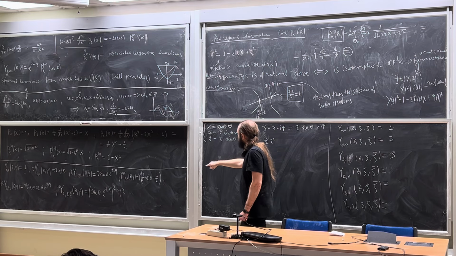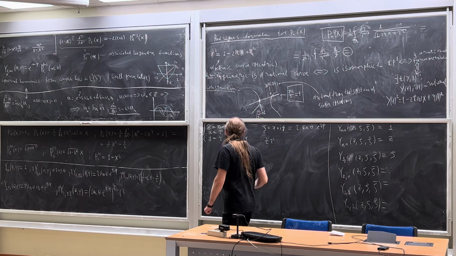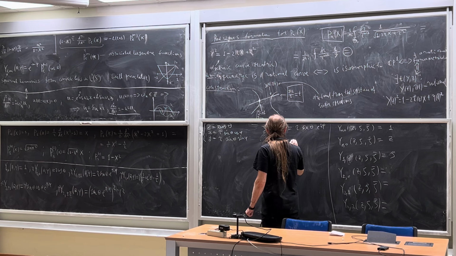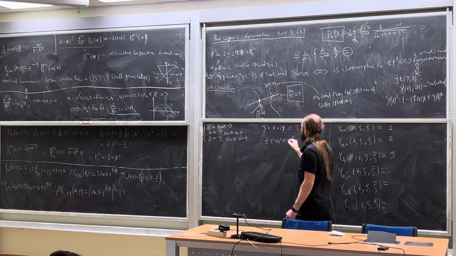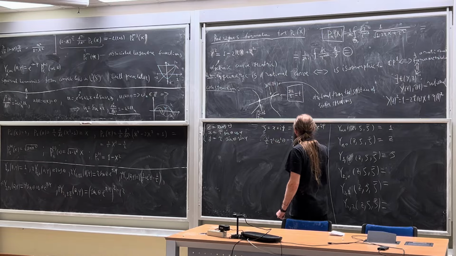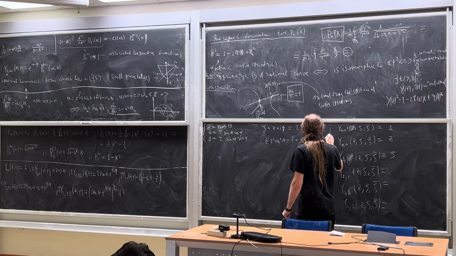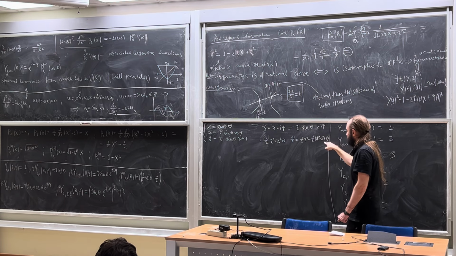So it is 3/2 r squared cosine squared theta minus r squared over 2. So we can write this simply as 3/2 z squared minus 1/2 (x squared plus y squared plus z squared). All right.